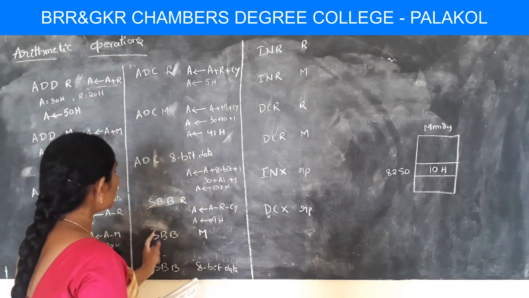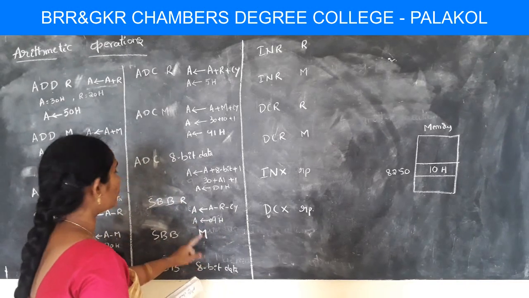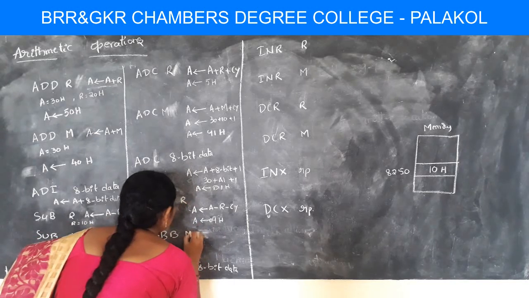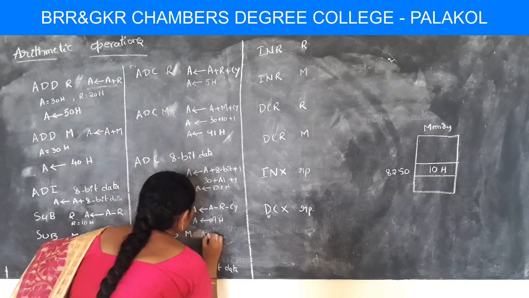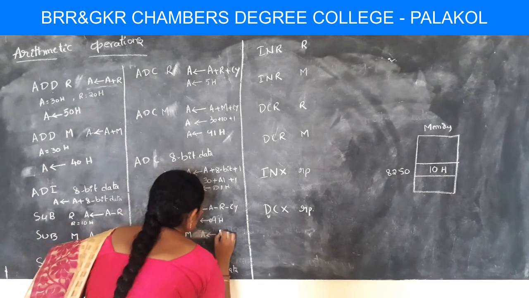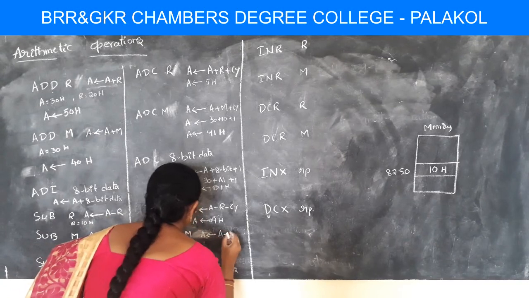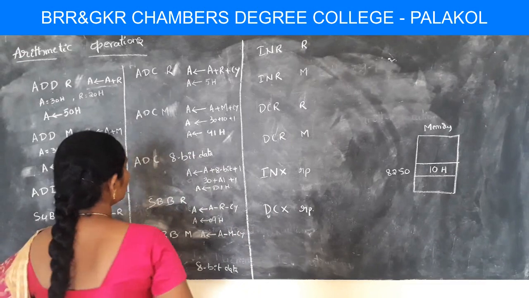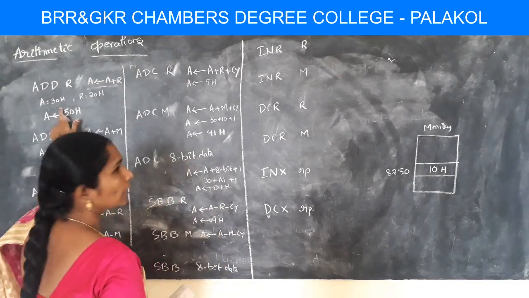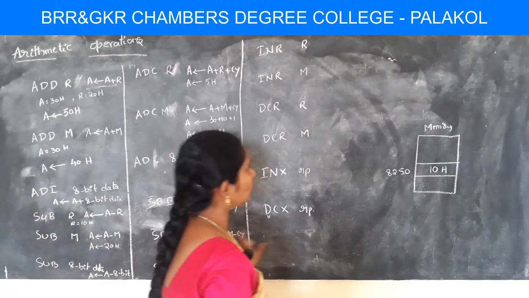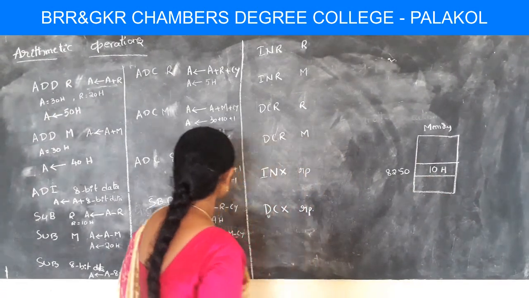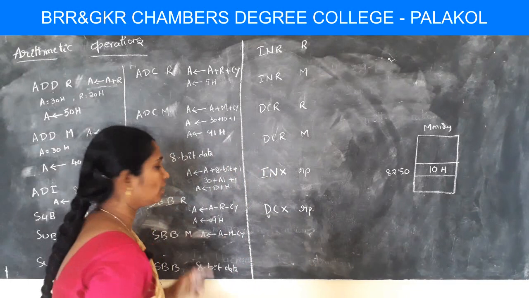And similarly, subtract with borrow. The meaning of this instruction is A tends to A minus M minus CY. So here A is 30 and M is 10. 30 minus 10 is 20, and 20 minus 1 is 19.